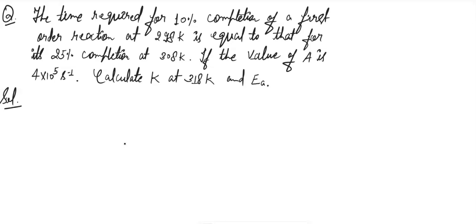So in this particular case you can see that we have two different temperatures, T1 and T2, and two different rate constants, K1 and K2, and then we need to calculate the final rate constant K. We need to calculate this at 318 Kelvin, and then we need to calculate the activation energy.